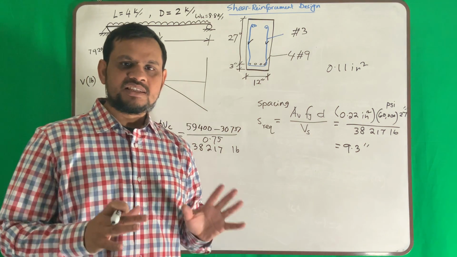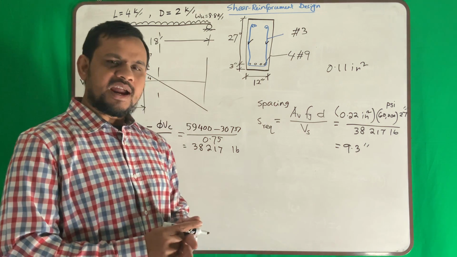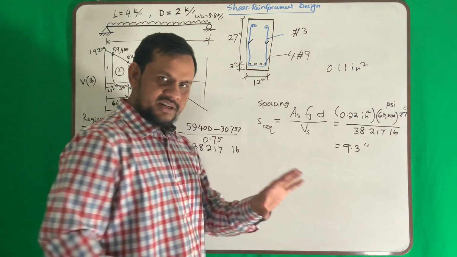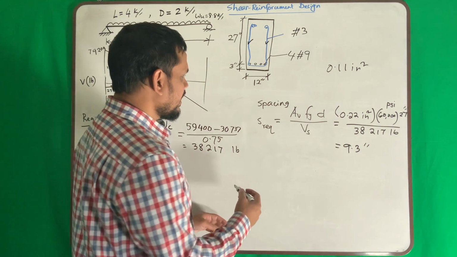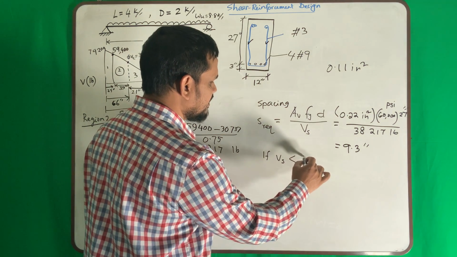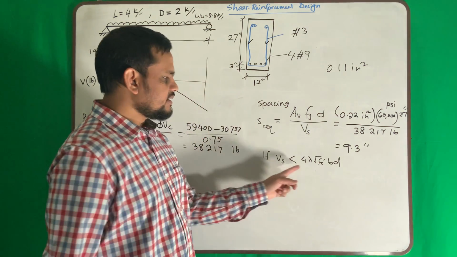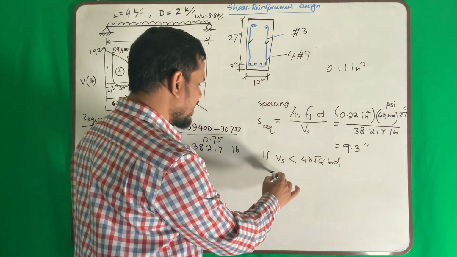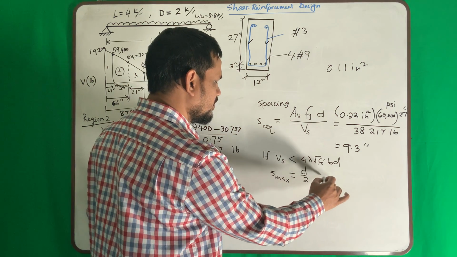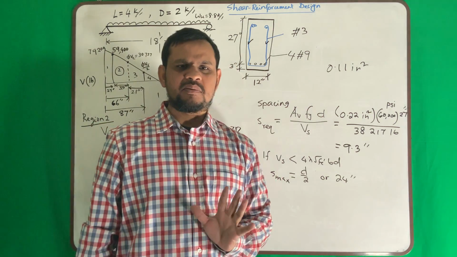Now what is the maximum permitted by the code? So that I can provide at least the minimum amount of reinforcement. So if I go there in that table, find the equation, I can remember that if Vs is less than this, my s max possible is d by 2 or 24 inch. So far I can remember.